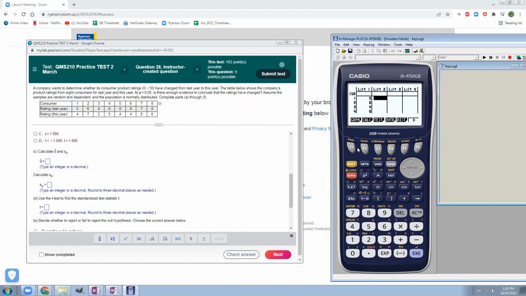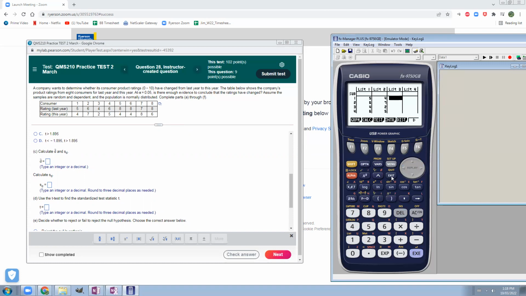And in list 2, we have 4, 7, 2, 5, 4, 4, 8, 6. Now we go to test, T. It's not here. There's no paired samples test, right? 2 sample is an independent samples test. That's not what we want. What we actually have to do is find the differences here.